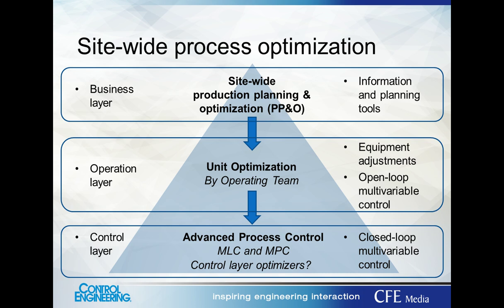Closed multi-loop control can be used to automate parts of this, potentially capturing significant economic or operational benefits, such as greater consistency and timeliness, fewer alarms and constraint violations, and greater optimization. So this is where APC resides in the scheme of things. It is a tool to automate appropriate aspects of unit optimization, but it should not be confused with overall optimization itself.